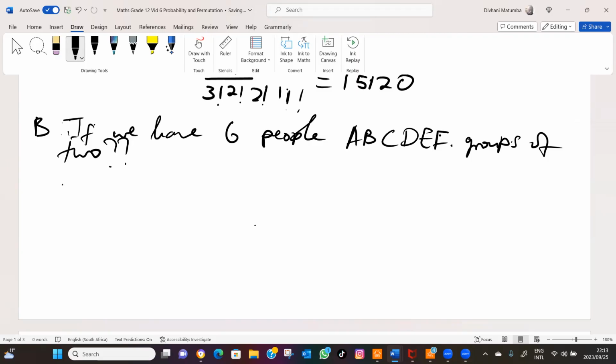Now, the formula states that we calculate the total number divided by the total number minus the group.